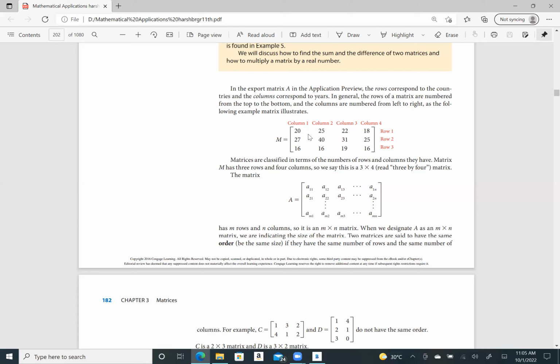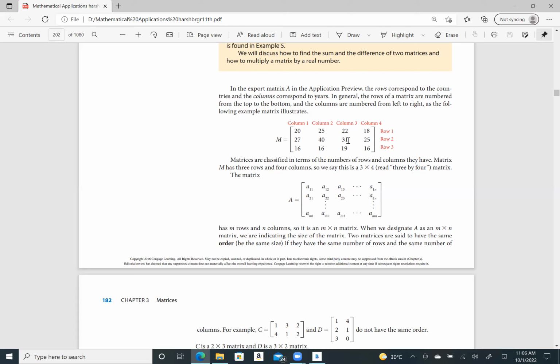So if I look at the element 20 here, it is described by its position according to the number of row and the number of column. The number 20 is located at row number 1, column number 1. Now, 31 is an element.